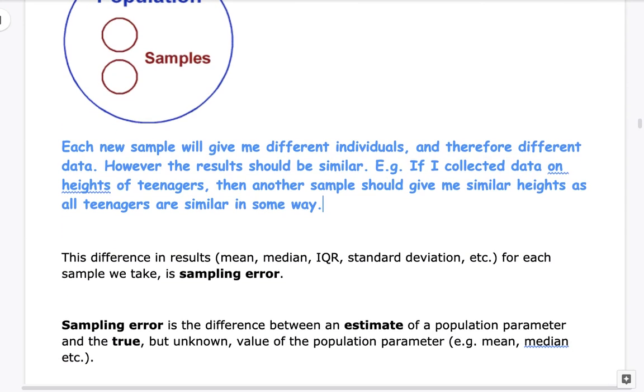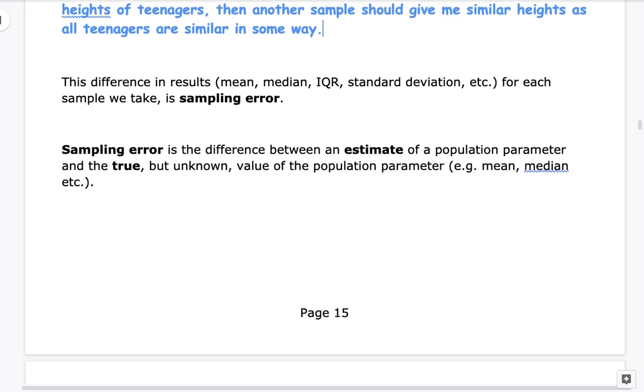Okay. Now the difference between those results is called a sampling error, and that's due to the fact that we're going to take an estimate of the population parameter. So I'm going to use the sample median, not the population median. Okay, and that's what a sampling error is.